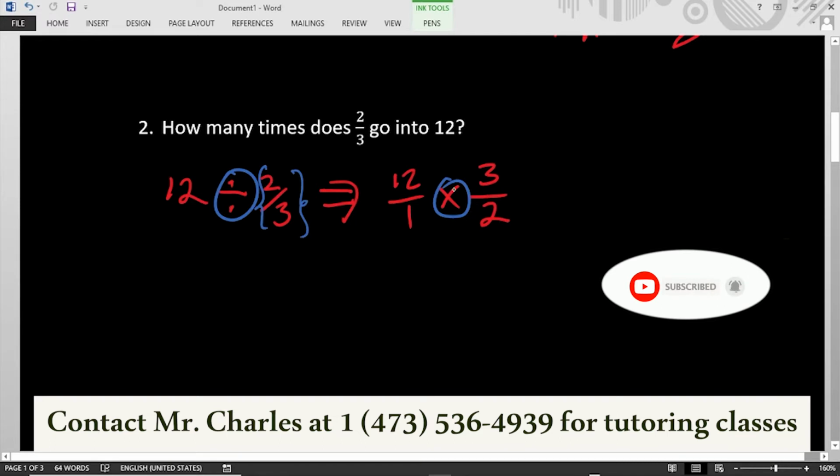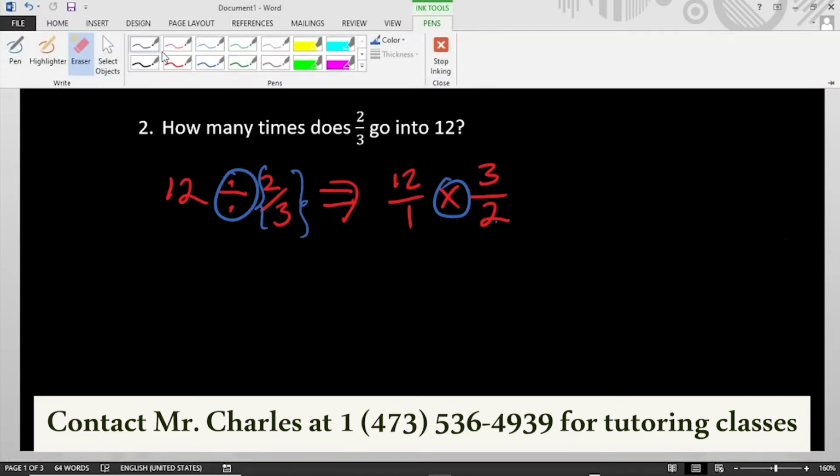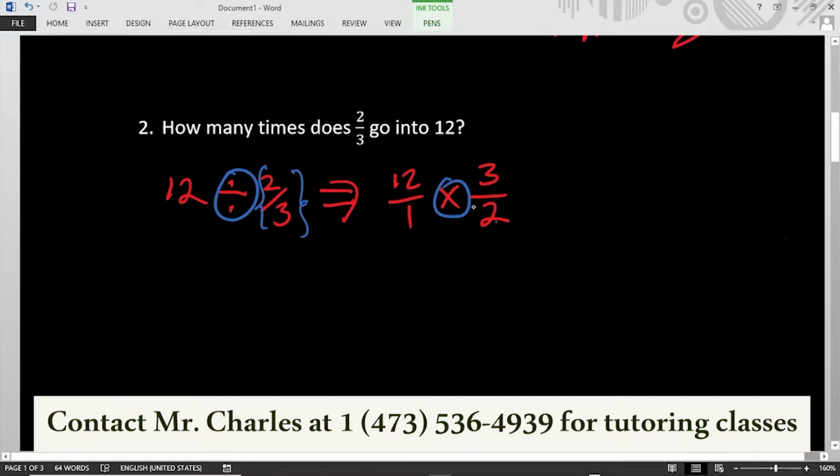So then we can cross cancel. We can cancel this way. So we could say 2 into 2 is 1, and 2 into 12 is 6, and then our answer would be 6 times 3, which equals 18.